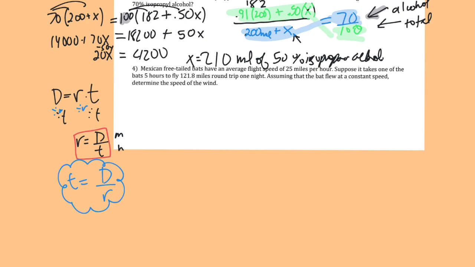Assume they flew at a constant speed, determine the speed of the wind. You're like, okay, who talked about the wind? Well, the truth is they're flying with the wind and against the wind on one of their trips, one each way. If you run track, if you're running into the wind, it slows you down. If you're running with the wind, it speeds you up.